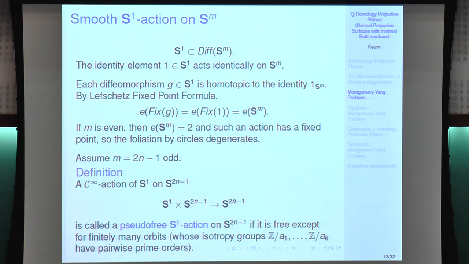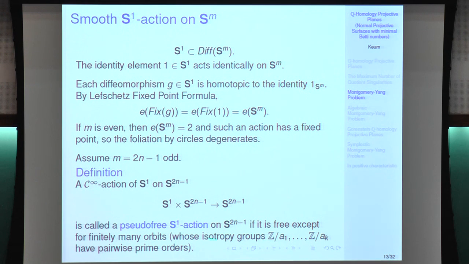So for a general orbit, the circle rotates just once, but for special orbits, the circle rotates more than once, twice or 3 times. So there are finitely many such orbits, and each of these orbits has an isotropy group, a cyclic group of order A1, ..., AK.